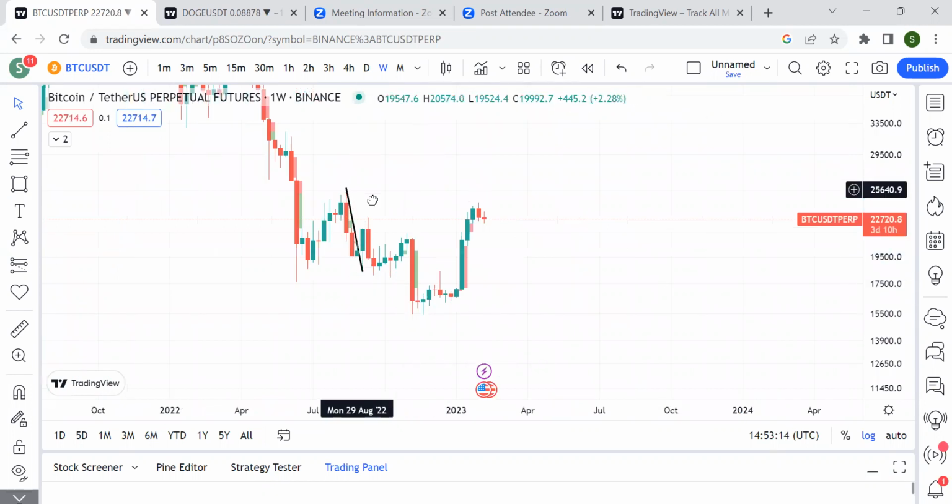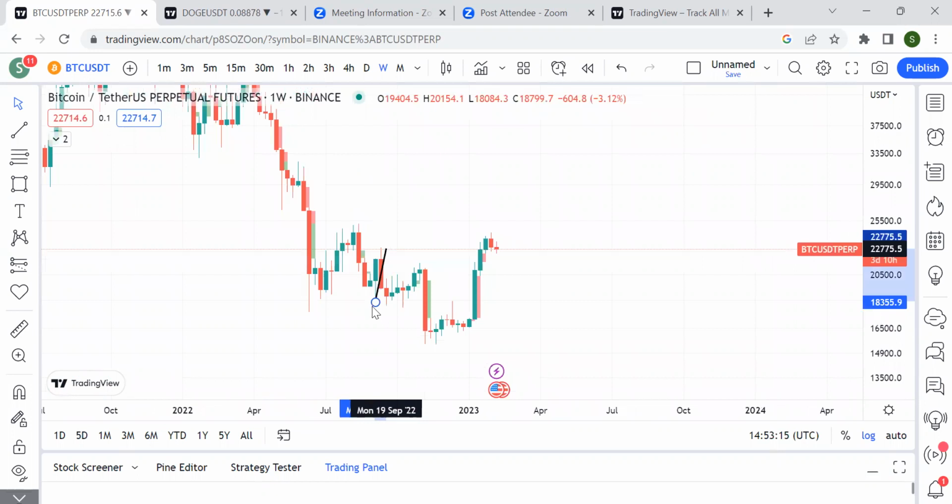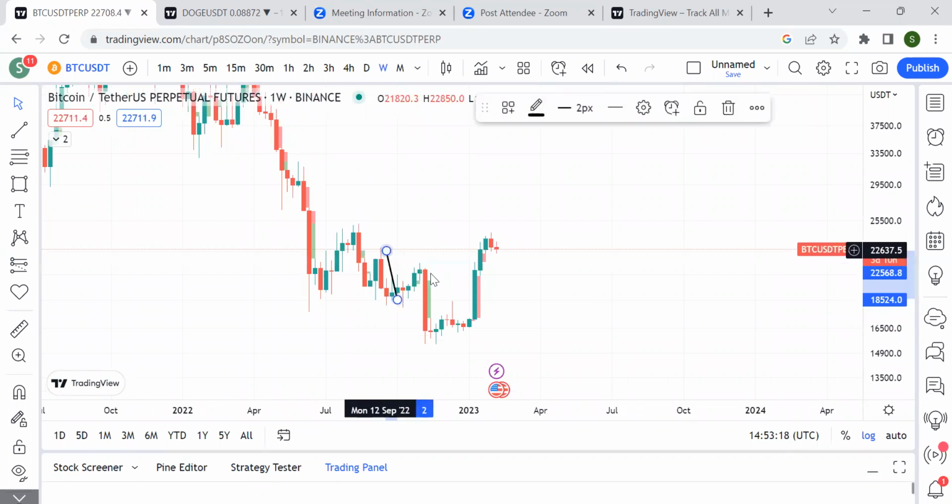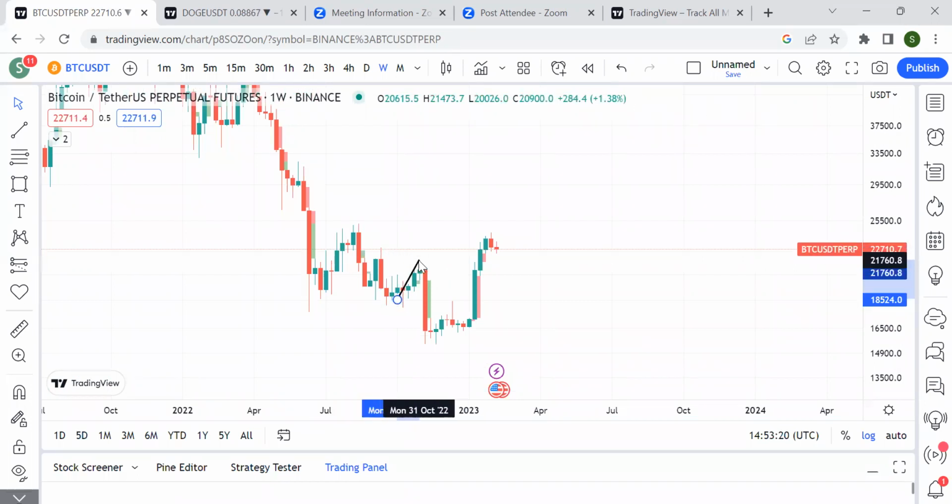Suppose lower high, new low this week, lower high defended very well here, new low, lower low. So that lower high should be defended at any cost. That's why I am not looking at this. I will explain to you later why I'm not paying attention to this price action, especially this move.